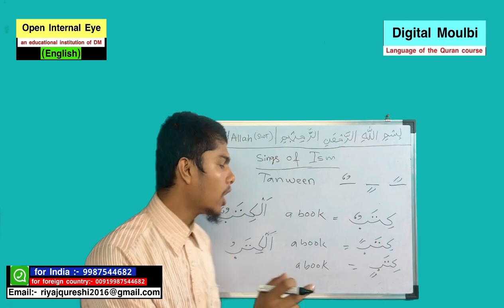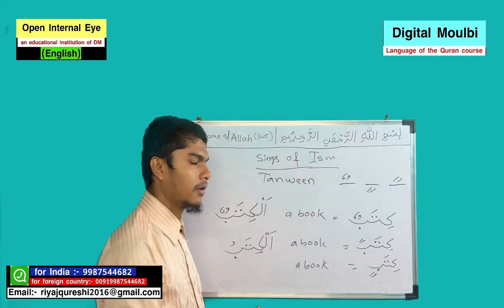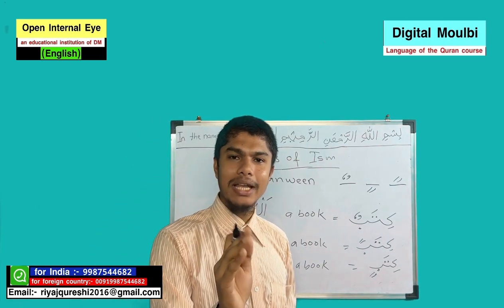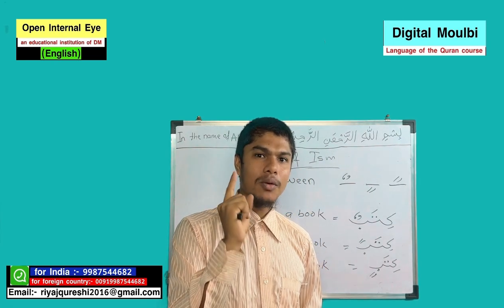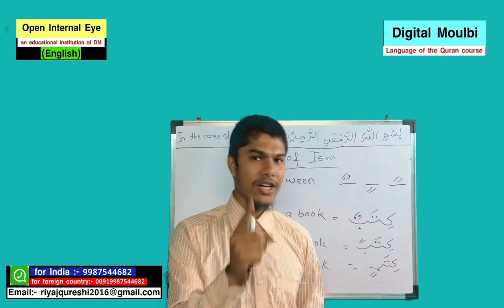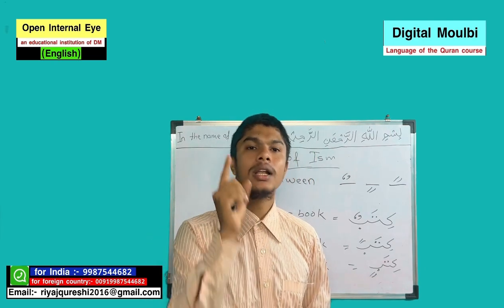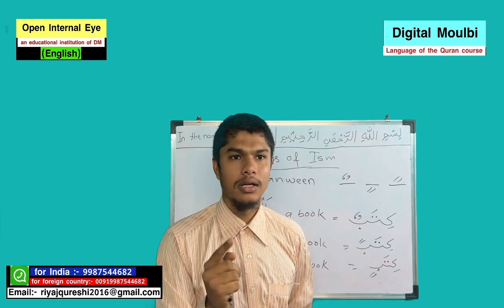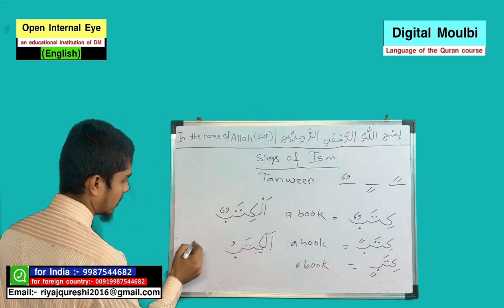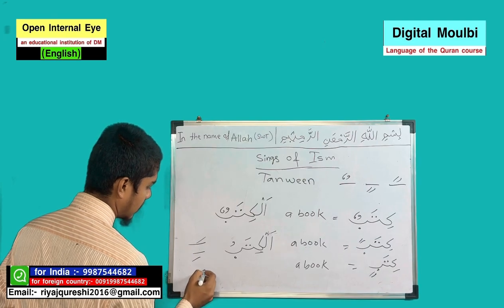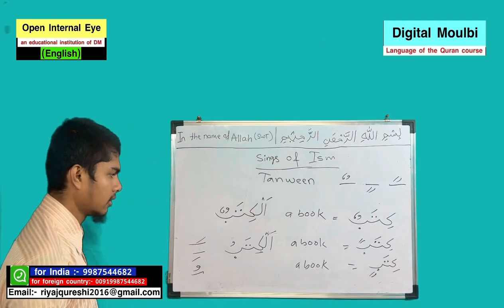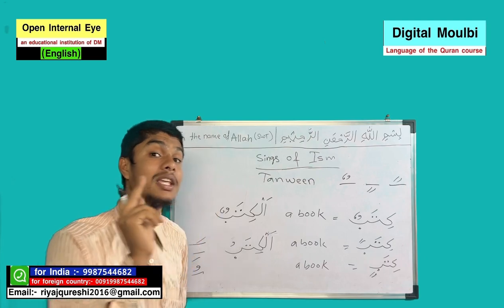Remember, if a word has alif lam in the beginning, then the end of that word will have a single harakat, like zabar, zer or pesh. That word will have a single harakat in the end.